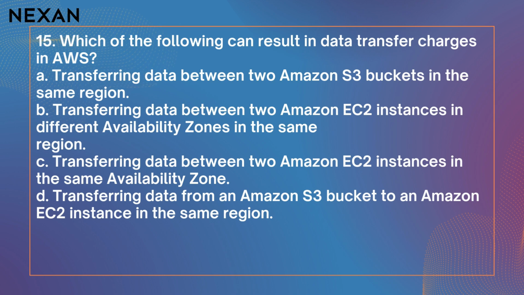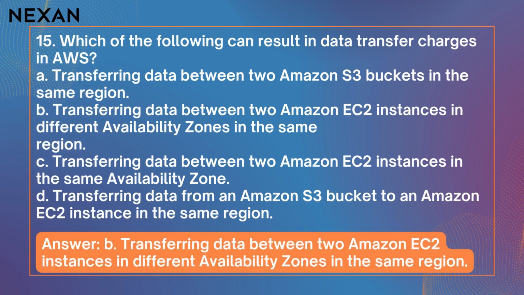C. Transferring data between two Amazon EC2 instances in the same availability zone. D. Transferring data from an Amazon S3 bucket to an Amazon EC2 instance in the same region. Answer: B. Transferring data between two Amazon EC2 instances in different availability zones in the same region.